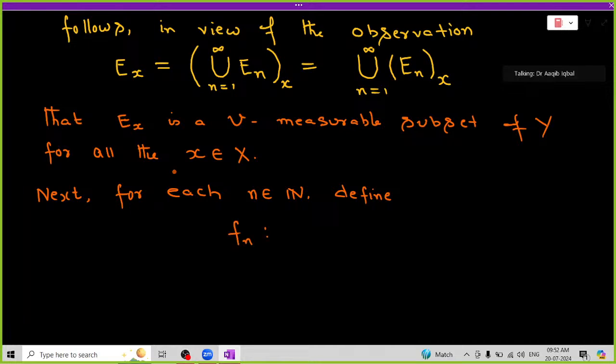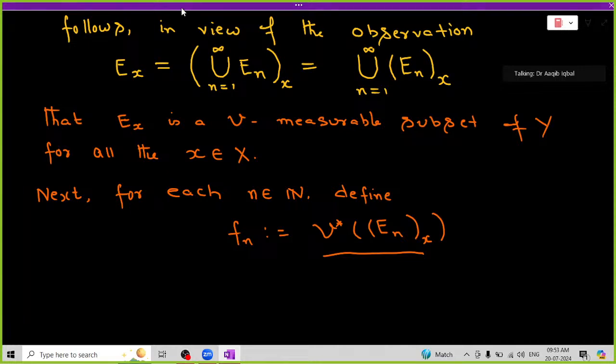So how will you define it? Define f sub n as nu star of the x section of E sub n. So first you need to consider E sub n, and you will take the x section of that E sub n and the nu star of that x section. Okay. This is a function of x, and this function of x we are denoting by f sub n.